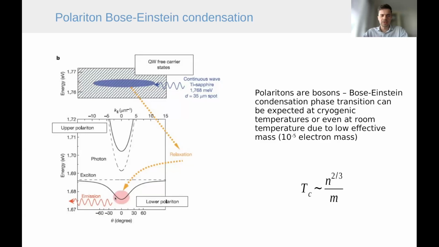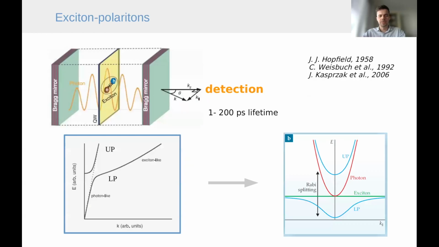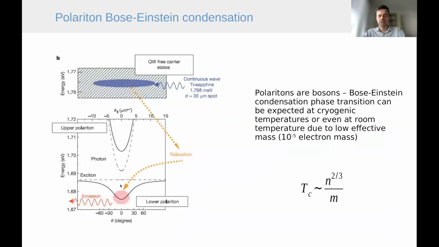So there is always some decay channel which corresponds to emission of photons from this state. So it basically corresponds to loss of particles through the mirrors. These mirrors are not perfect. We can always have some particles escaping from the system, which results in the fact that these BECs of polaritons are actually metastable states. They are not equilibrium ground states of the system.